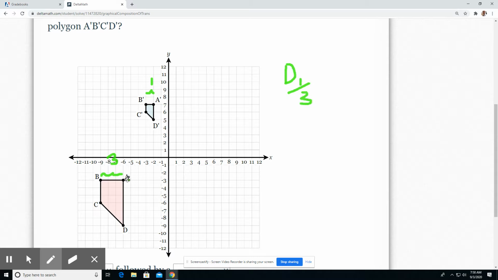And then I want to look at where it lands, one of the points. So I'm just going to focus on point A right here. Where does it land? So this distance right here is -3 to 0, so that's a distance of 3. And from 0 to -6, that's a distance of 6. So if I dilated by 1/3, everything gets cut by 1/3.